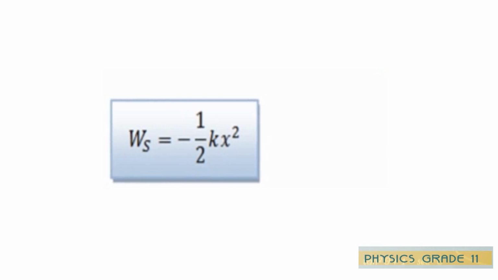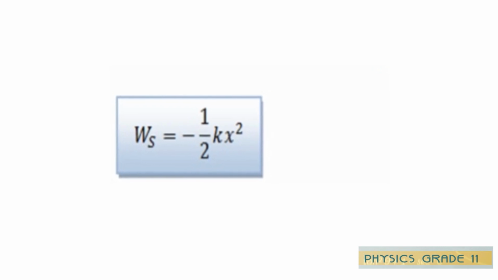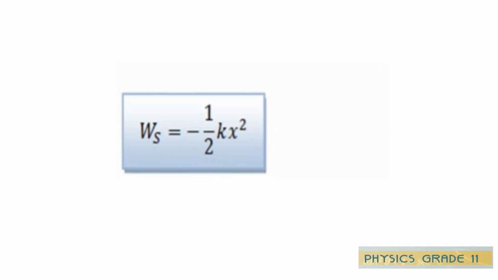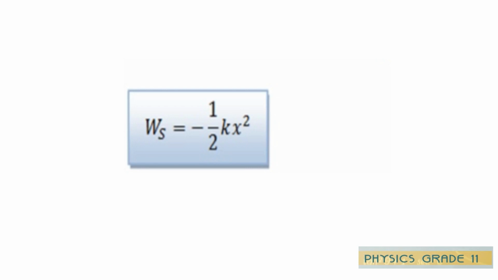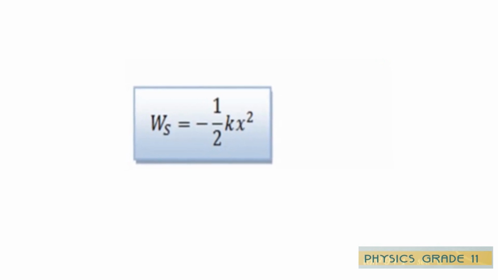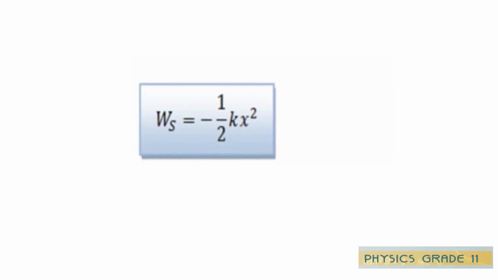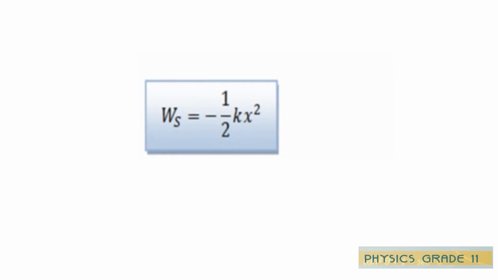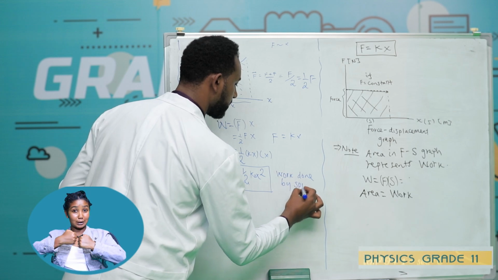In this case we took the initial x as 0, but we can take the elongation, change in x, squared. This is how we determine the work done by a variable force; among the variable forces, we just took the spring force.